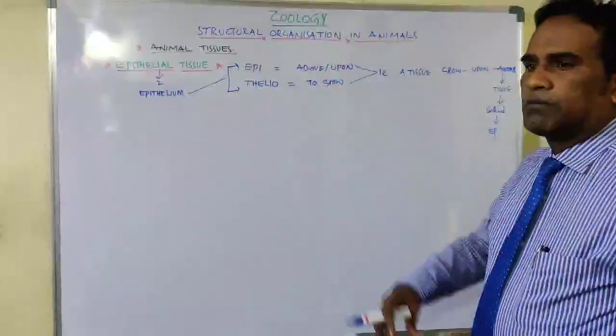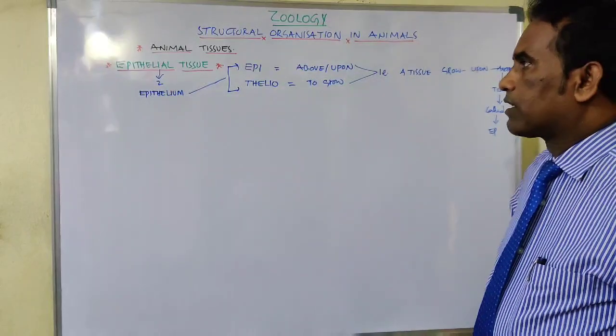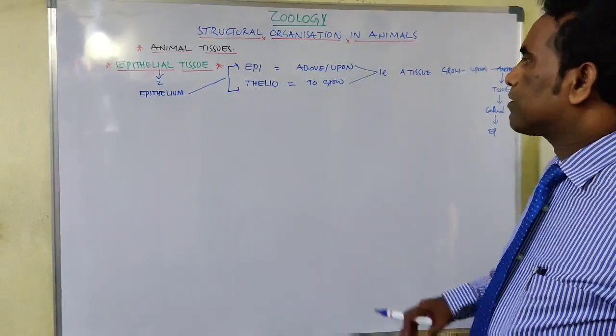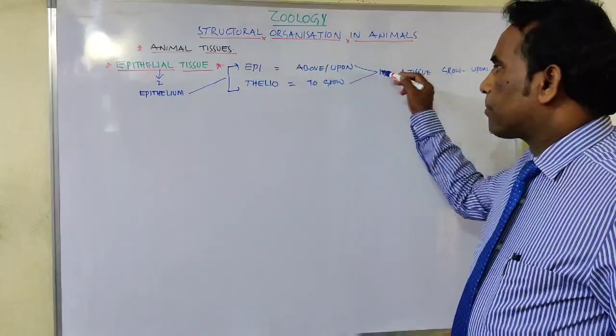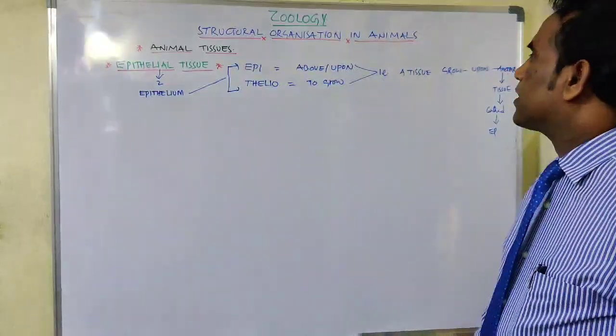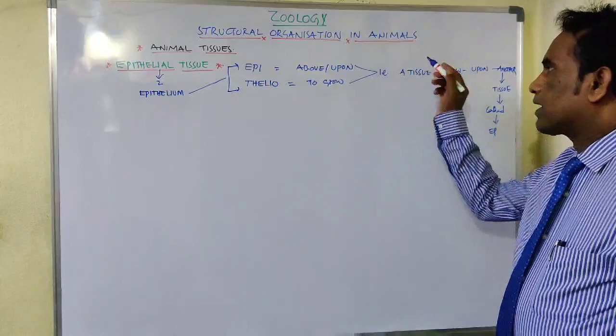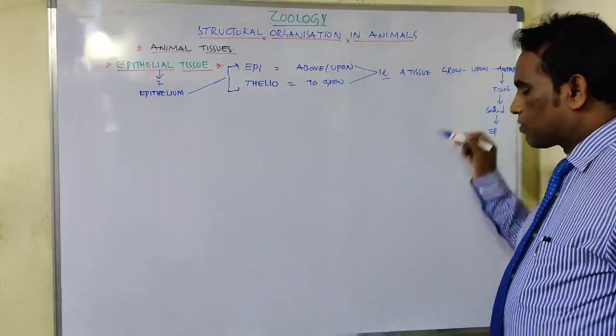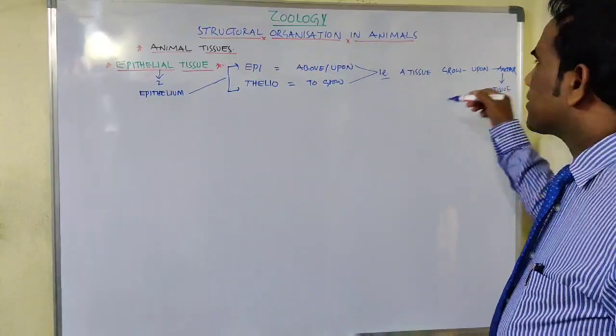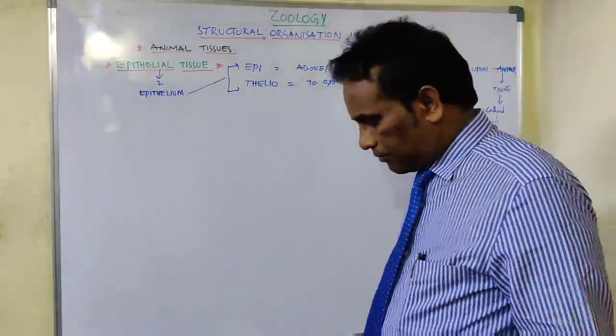So epithelium is derived from the Greek language. It means epi and thelia. Epi means above or upon and thelia means to grow. That means a tissue which grows upon another tissue is called epithelium.